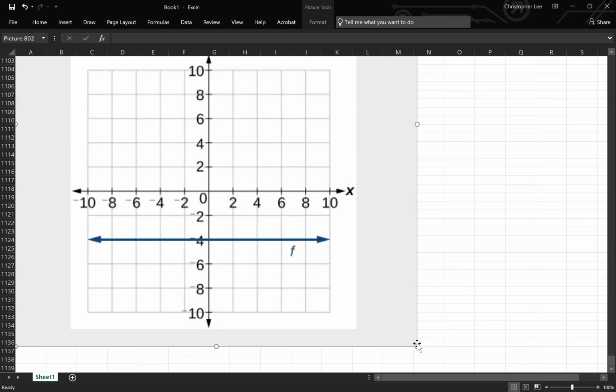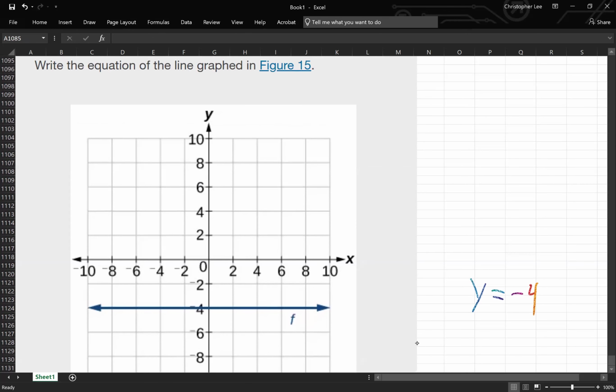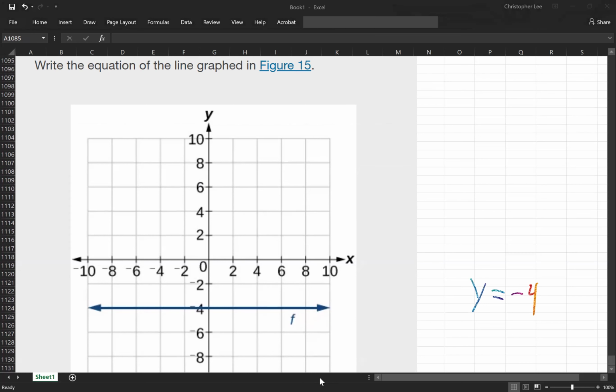So it's horizontal, right? Say it again. Good. Question, anybody? How about this?